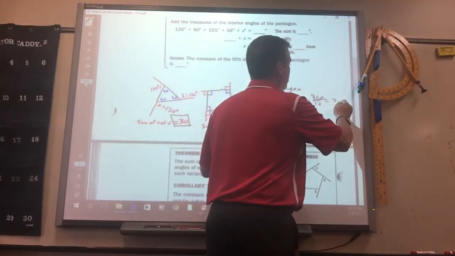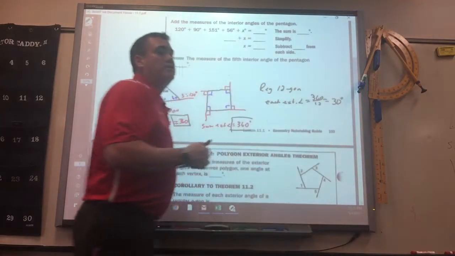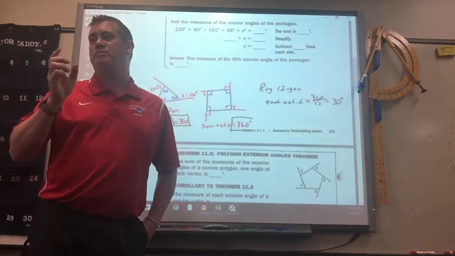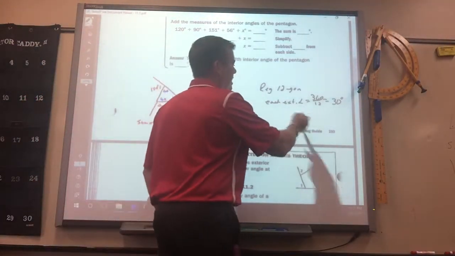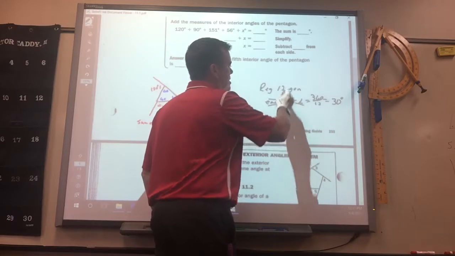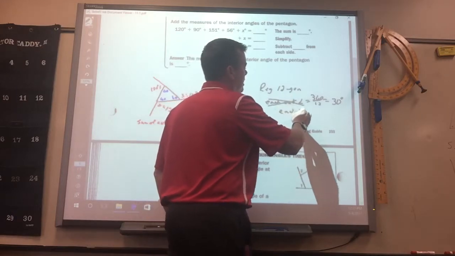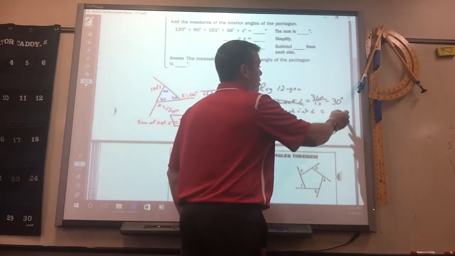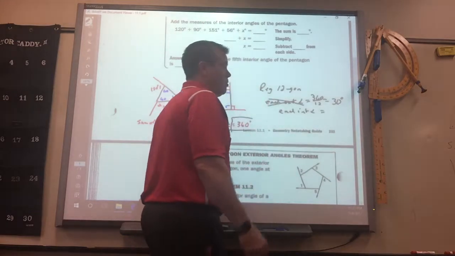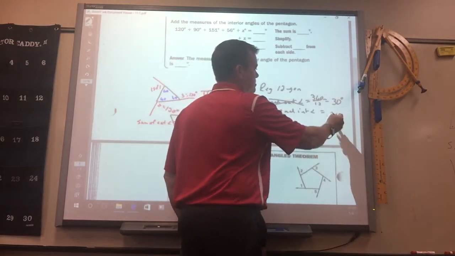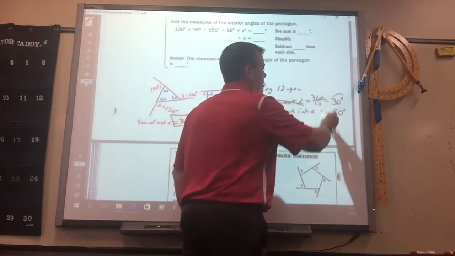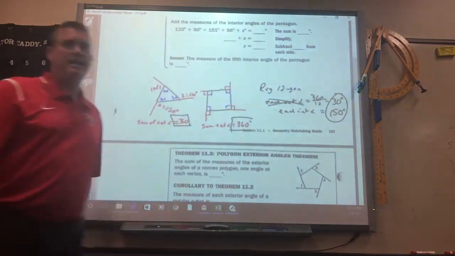So each one would be 30 degrees. This is a shortcut for you. Sometimes they ask for each interior angle. Well, if every exterior angle is 30, what would each interior angle be? 150. The interior and exterior angle always have to add up to 180.